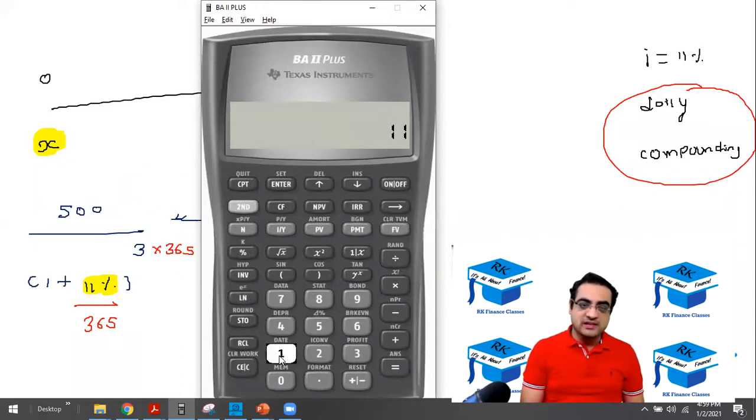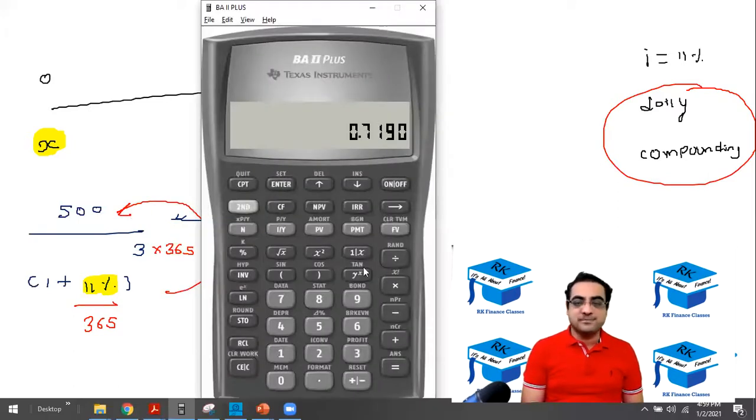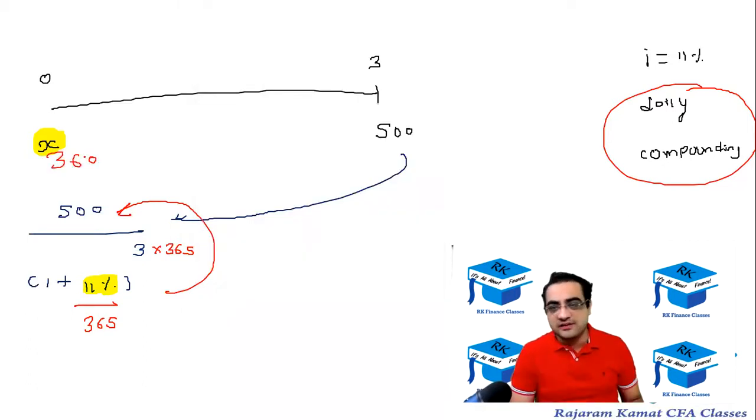I repeat one more time: 11 percentage divided by 365 equal to, plus 1 equal to, raise it to, and then open the bracket, 3 into 365, close the bracket, equal to, then take it up by pressing that 1 by x key. So take it up and then multiply it by 500. So that's 360 rupees approximately. You have to save 360 rupees today to get to that 500 at the end of the third year.